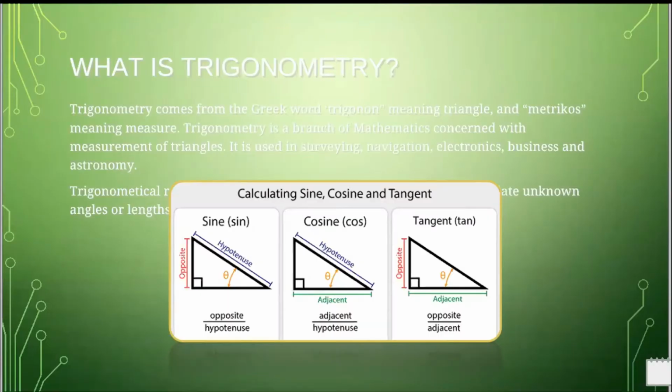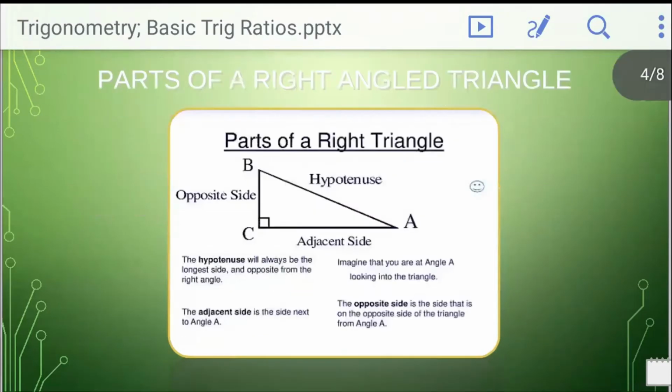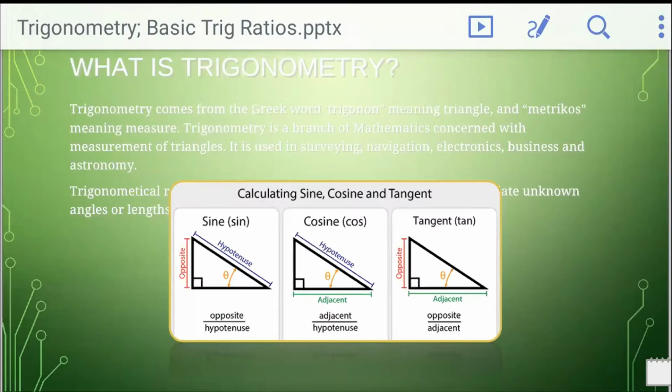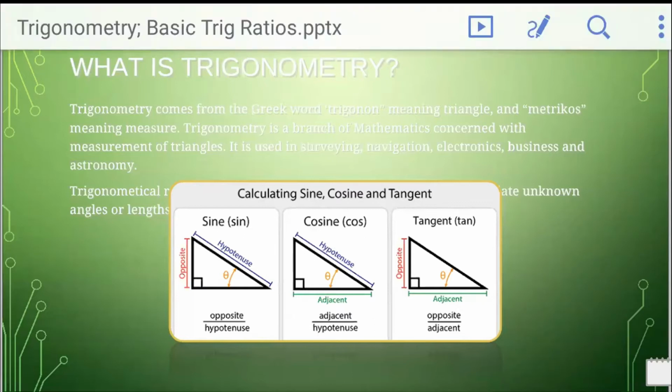So I'm going to ask for a volunteer to look at the screen and read what it says trigonometry is. Could we use Tristan? Can you kindly tell us what trigonometry is? Tamika, do you want to read what it says trigonometry is? Please unmute. Thank you.